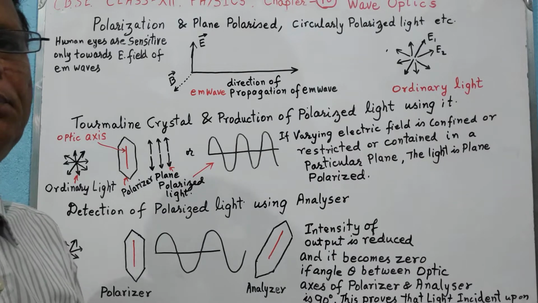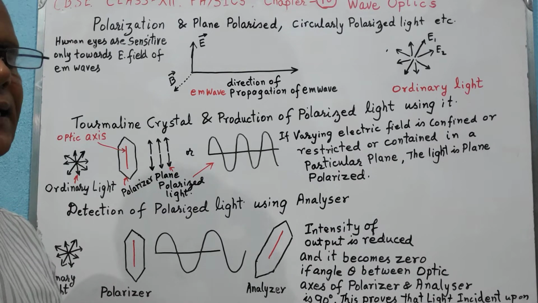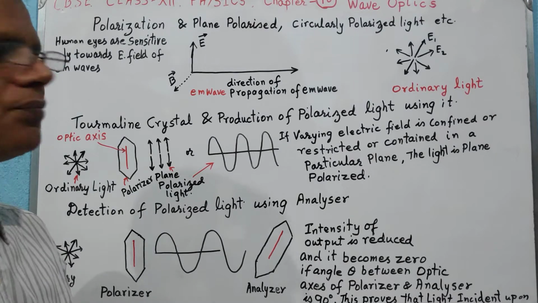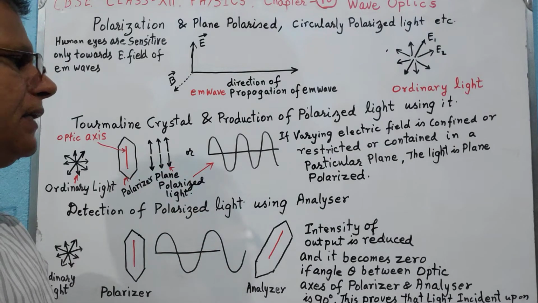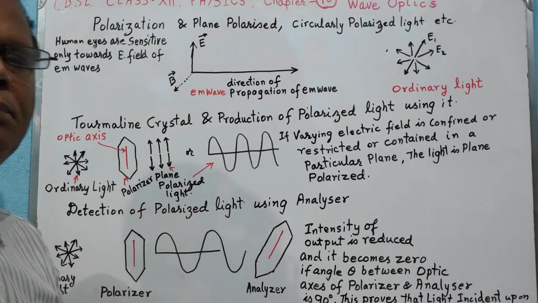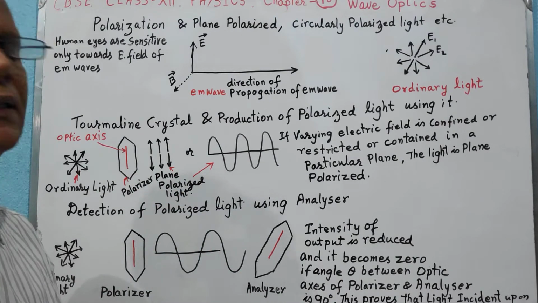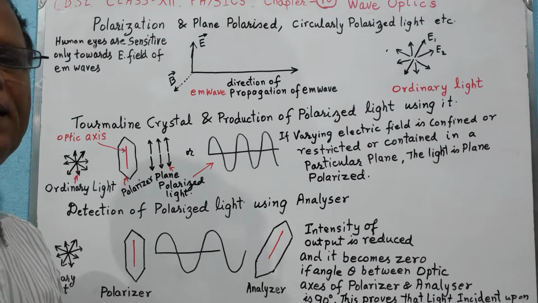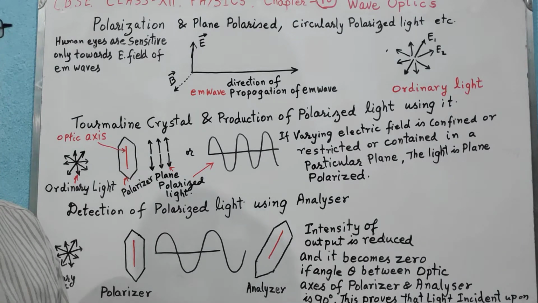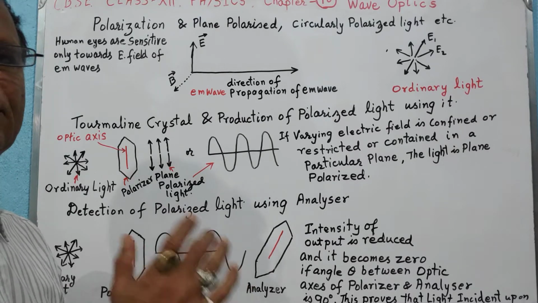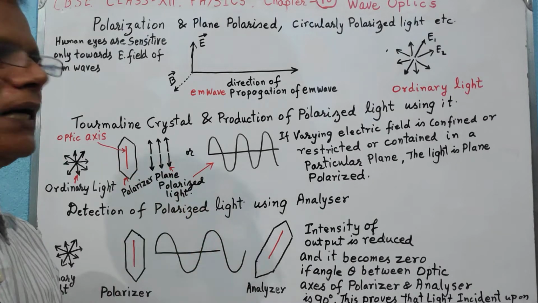Why do we call it plane polarized? Because the vibration of the electric field is restricted to a particular plane. It is confined to a particular plane, and no electric vibration exists in any direction other than that particular plane.